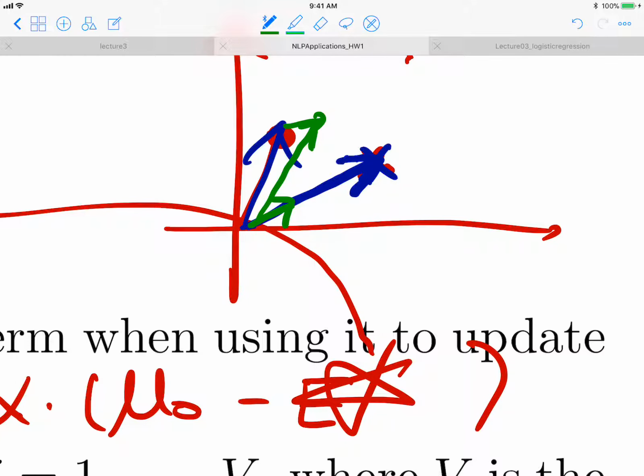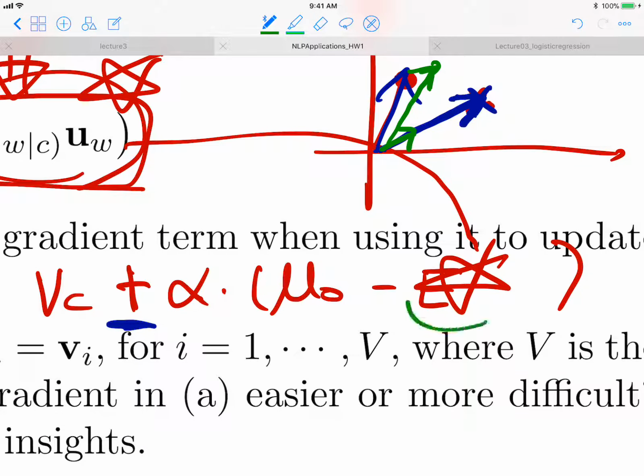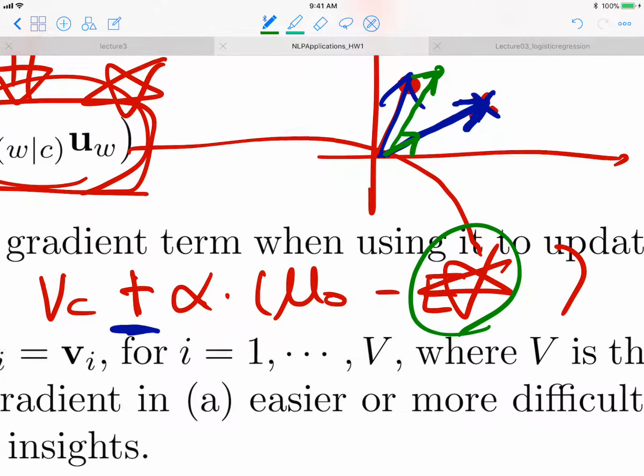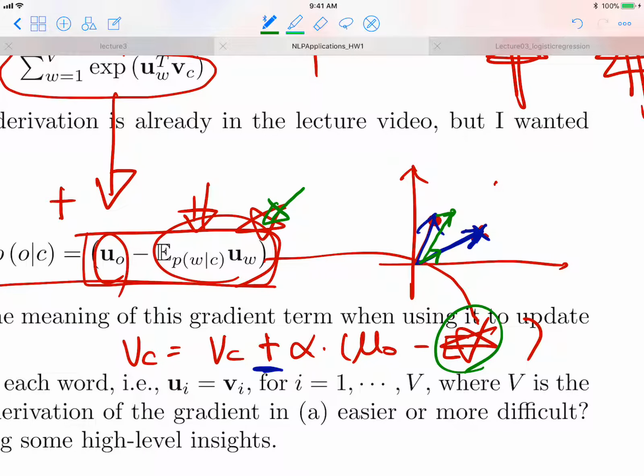But that's not the end. This term has a form quite similar to the attention module in the deep learning context.